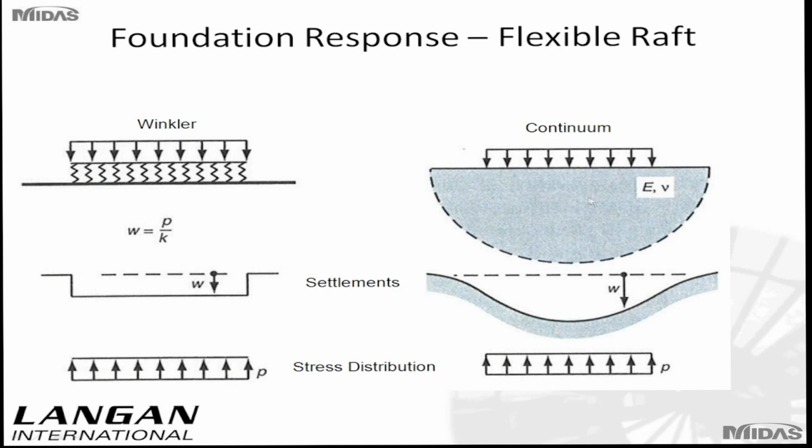However, elasticity theory shows that the stress distribution under the raft is going to be constant, as opposed to what we had in the previous case, but now the settlements are going to vary, with the highest settlements occurring at the center of the raft and the smallest settlements occurring at the edges. Again, based on the definition of the Winkler springs, you would expect higher springs at the edges and lower springs at the center.